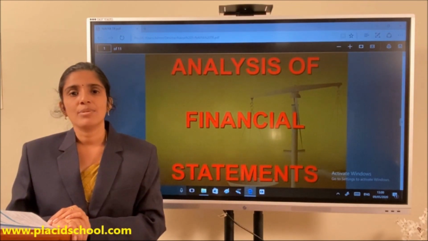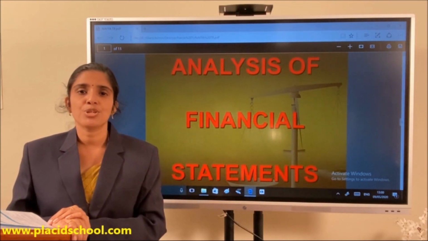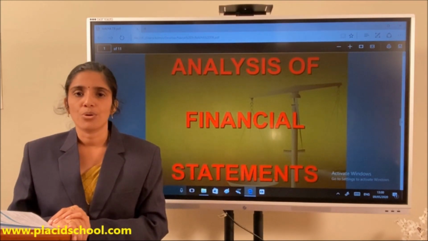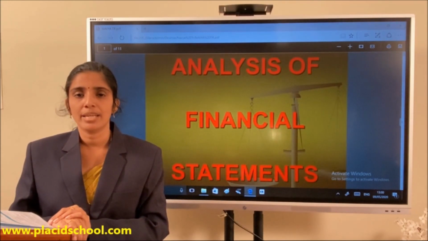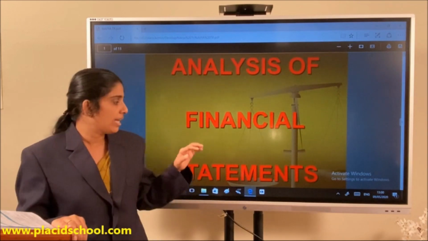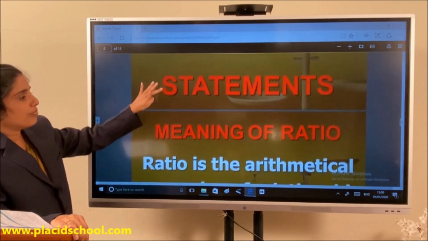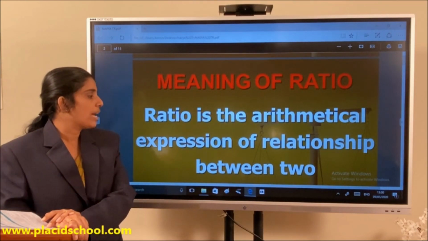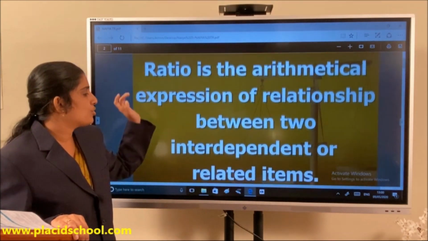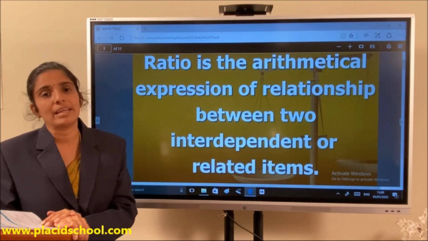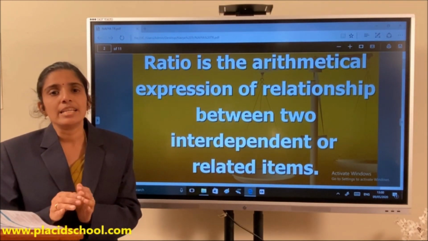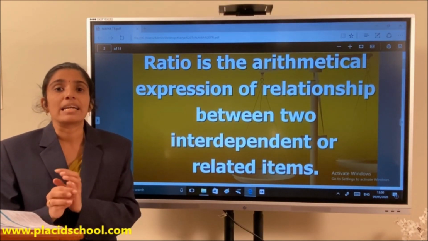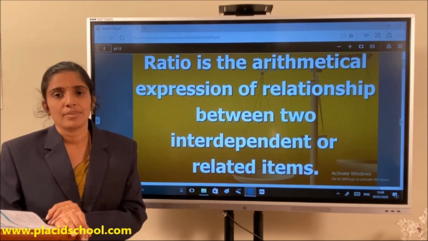Ratio is the arithmetical expression of the relationship between two numbers or two variables, or interdependent or related items. That is, it shows the relation of related items.